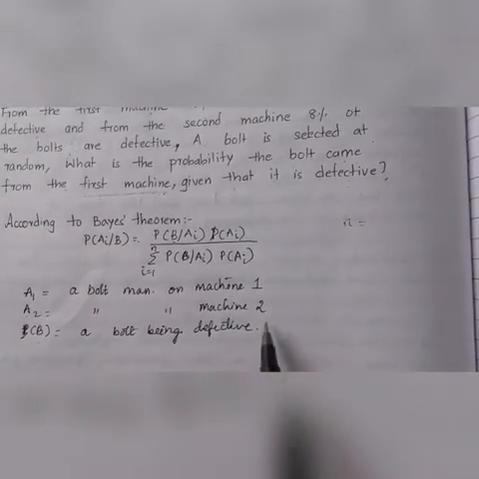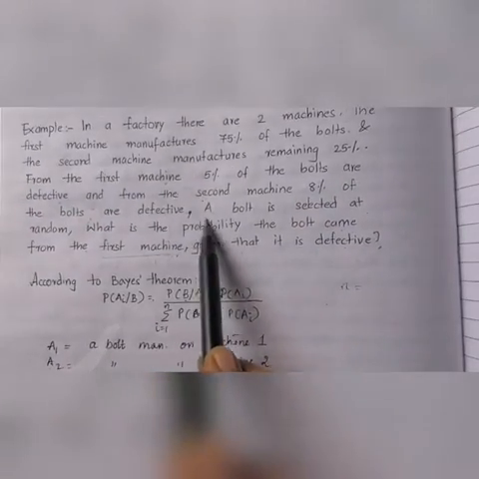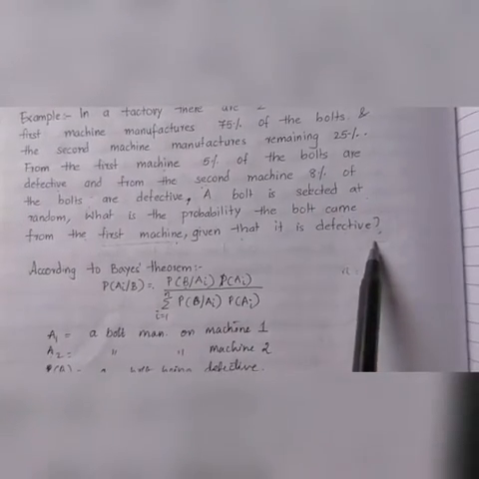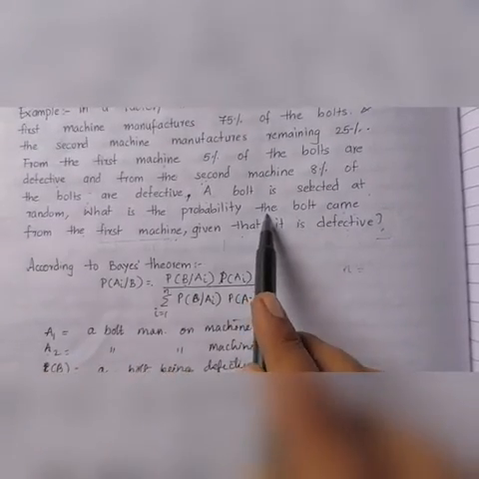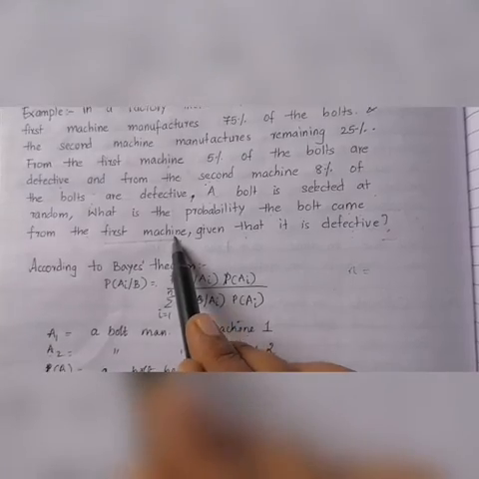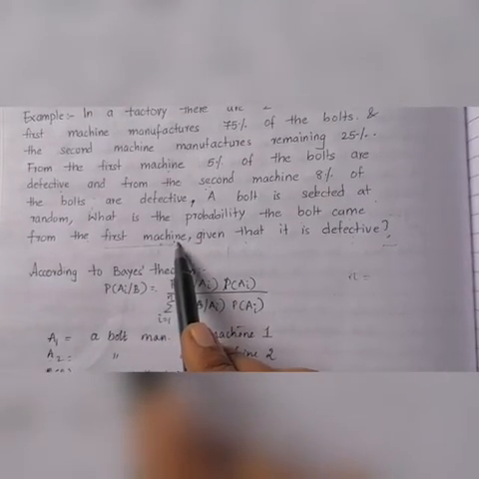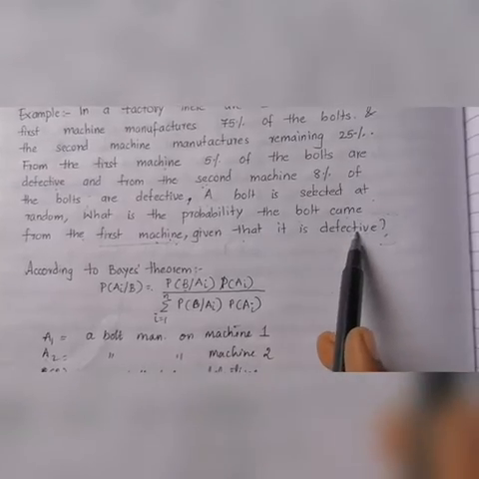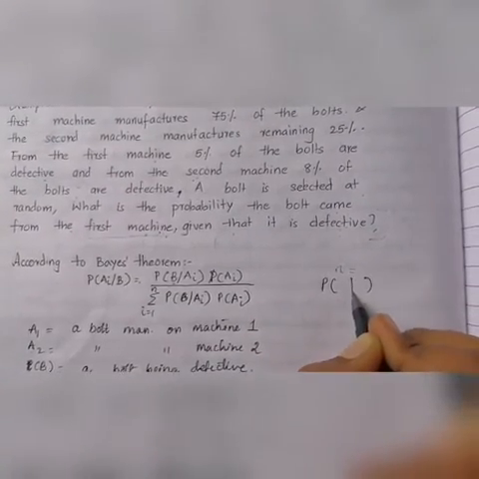Now let us write down the probability, the definition of this particular statement. A bolt is selected at random. What is the probability the bolt came from the first machine, that means it has been manufactured on the first machine, given that it is defective? This is how we write the conditional probability.